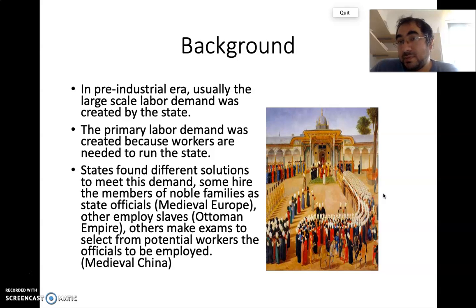Well, merchants also might need people to work in their ships, or carry their goods when they travel to foreign countries.